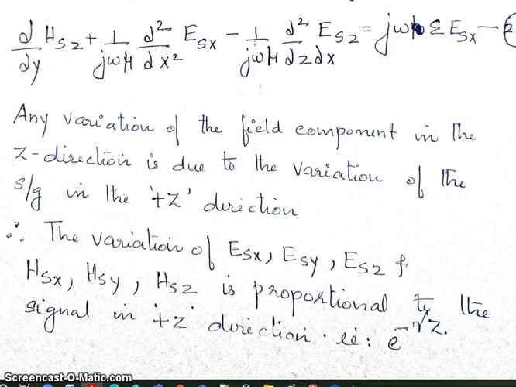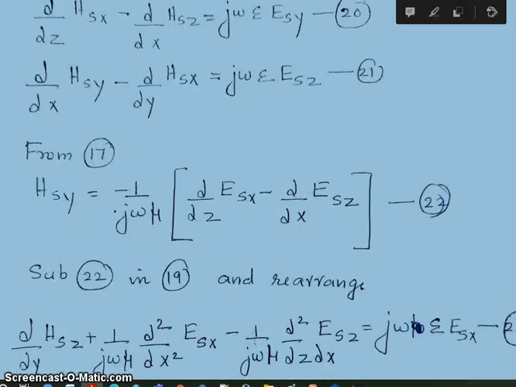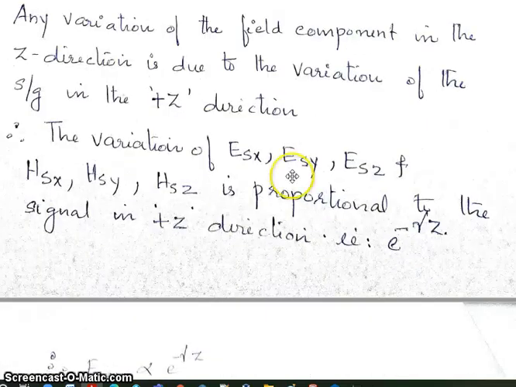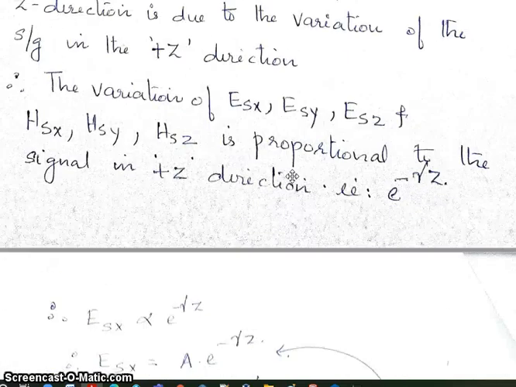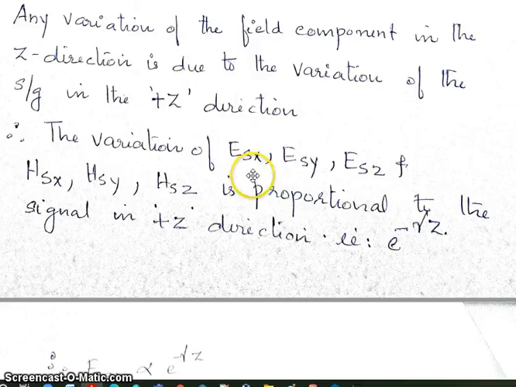Now any variation of the field component in the z direction is due to the variation of the signal in the positive z direction. Therefore, the variation of Esx, Esy, Esz and Hsx, Hsy, Hsz is proportional to the signal in the plus z direction.